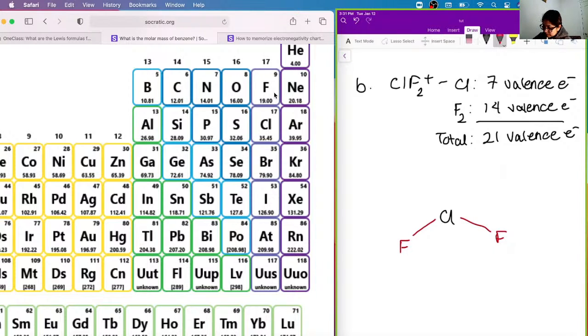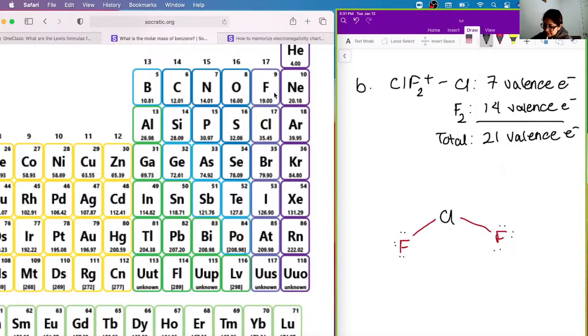So out of the 21, 4 of them are bonding, and now the rest would be our lone pairs. Let's start off with fluorine, and since fluorine has 7 valence electrons and 1 of them is sharing, we have 6 valence electrons, and those 6 would be added as 3 lone pairs. The same thing goes for this fluorine. And so we are done. So we just addressed 12 electrons, right? 12 plus 4, 16.